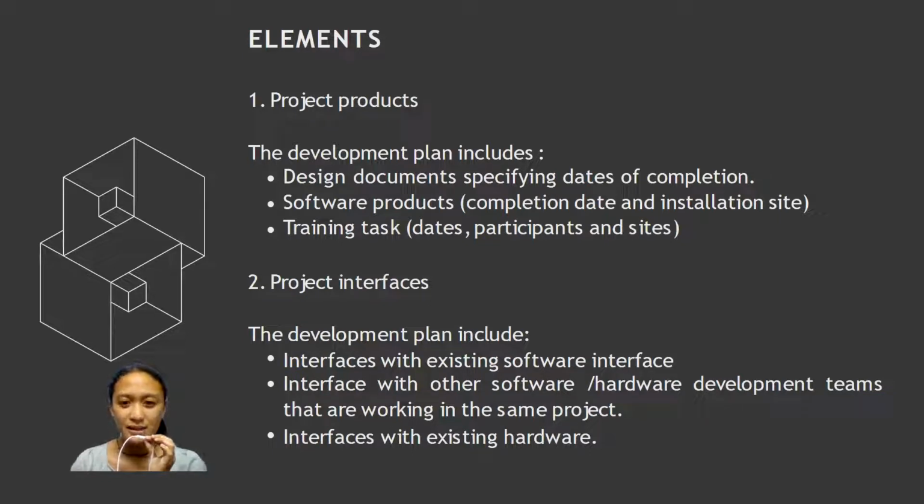Second element is the project interfaces. The development plan includes interfaces with existing software, interfaces with other software or hardware development teams that are working on the same project, and interfaces with existing hardware.